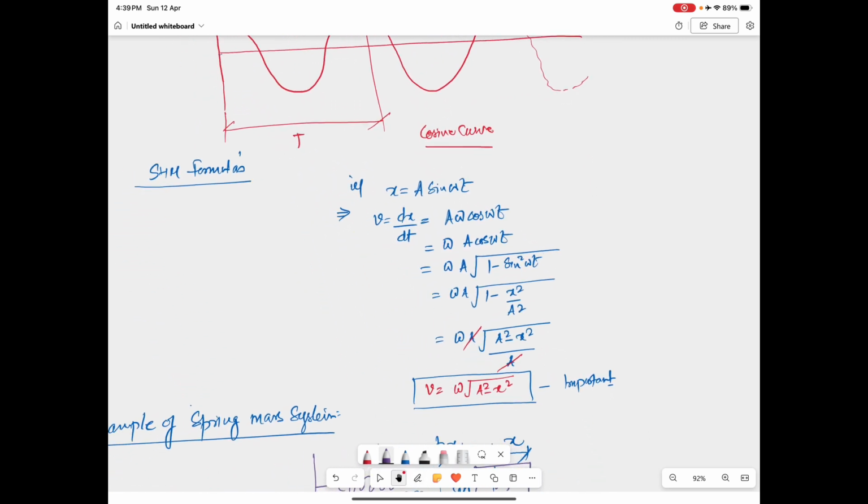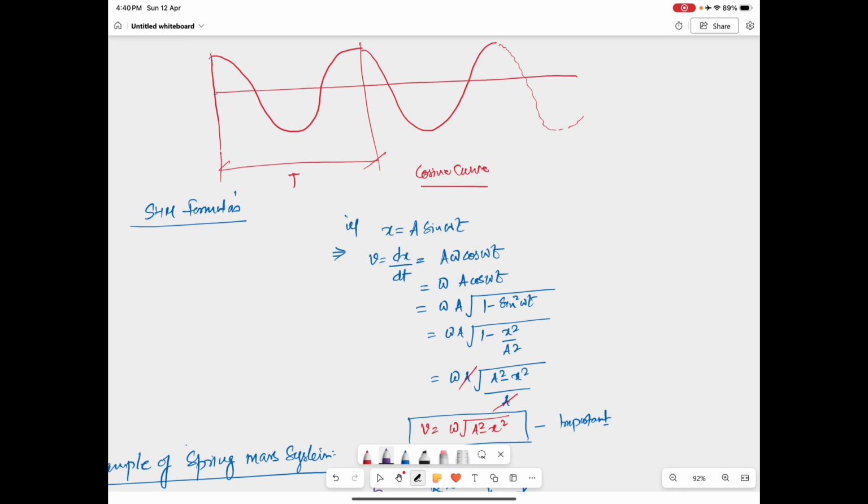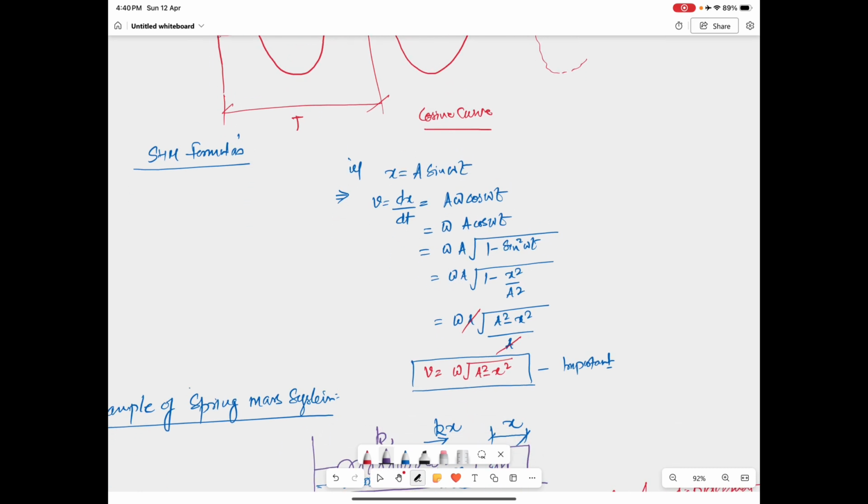Now another important thing is you should understand the relation between the displacement and the velocity at any particular point when the displacement is x in a simple harmonic motion. Using simple trigonometry, x is equal to A sin omega t, and the velocity is nothing but the differentiation of the displacement, dx by dt, so it will become A omega cos omega t.